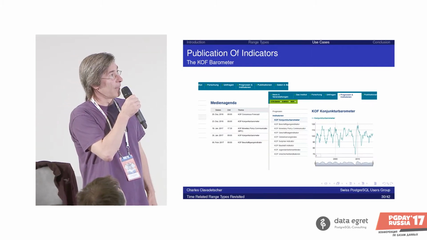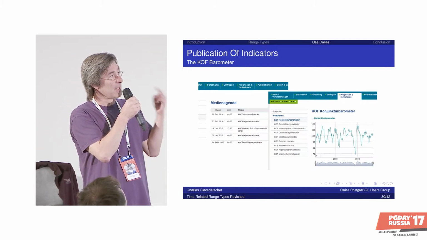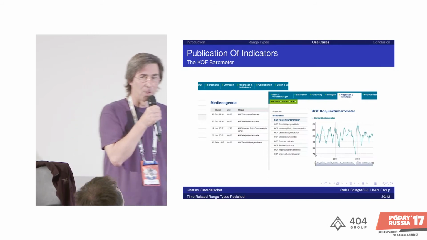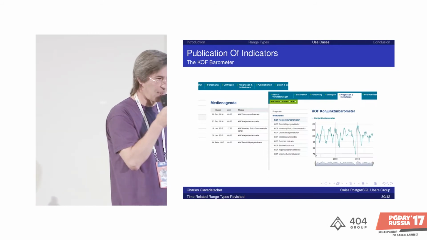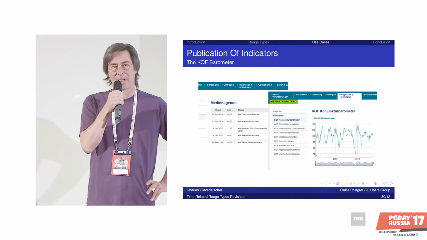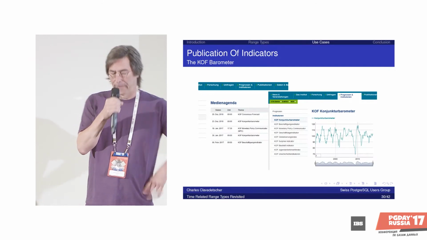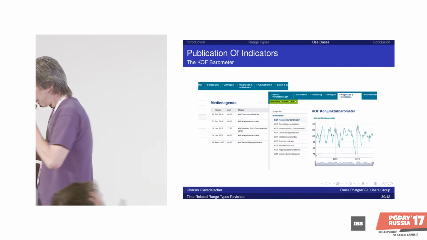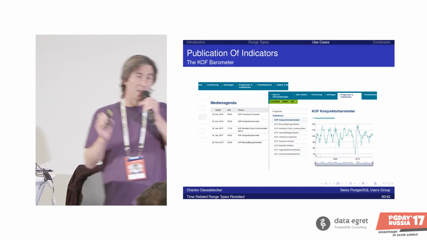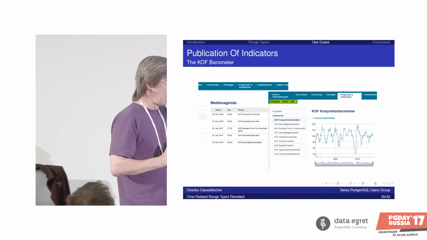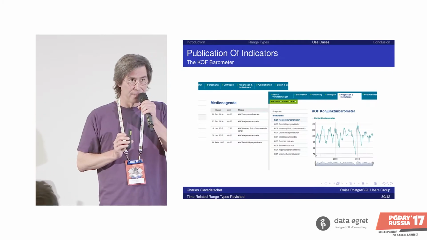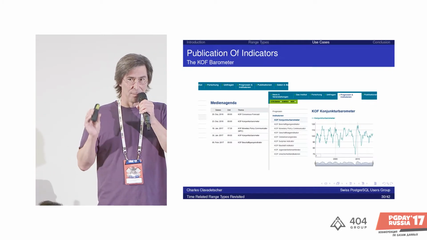So now this information is published each month on the web page of the institute. It's public; everybody can look at it, right? And the point is that everybody should see only the current values and only at a specific moment. Everybody.